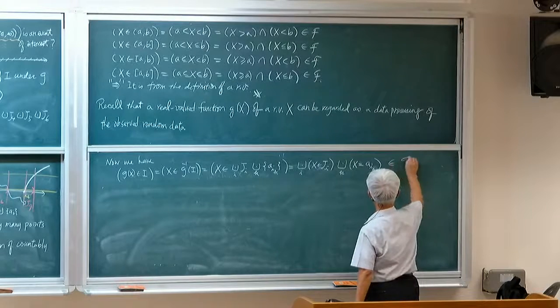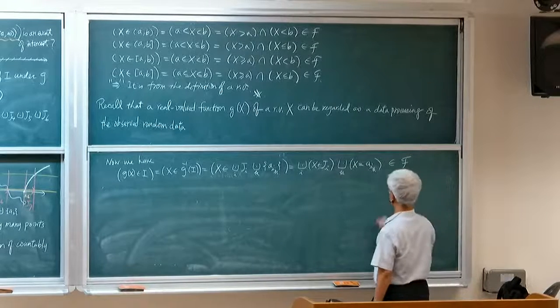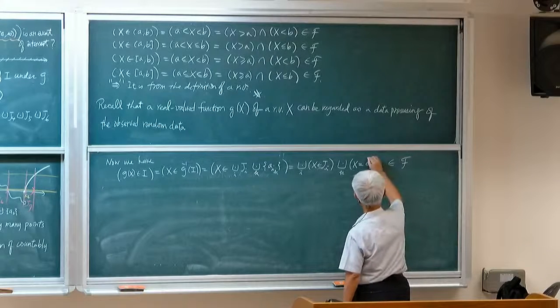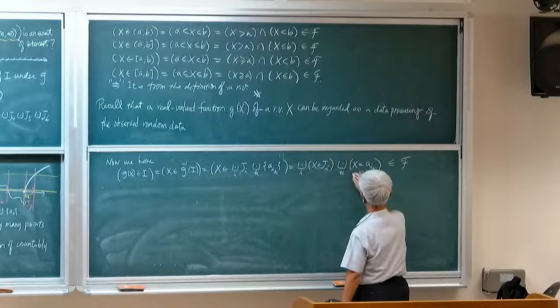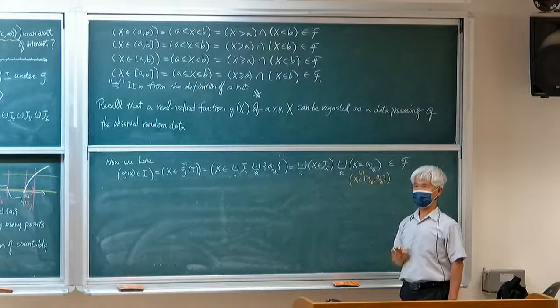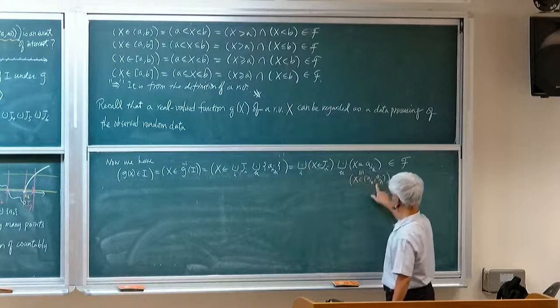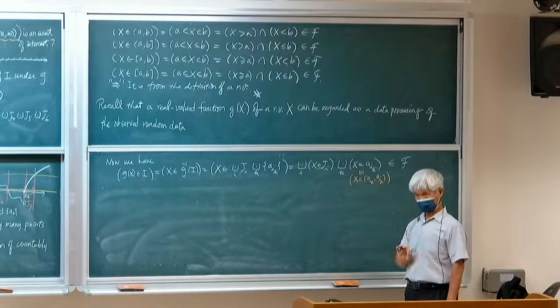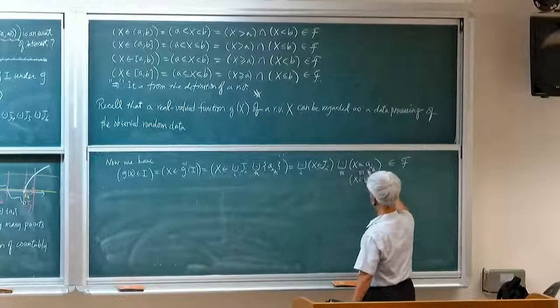And of course this is in F, because each a_{ik} is equivalent to an interval where the two endpoints are the same, a special type of closed interval.